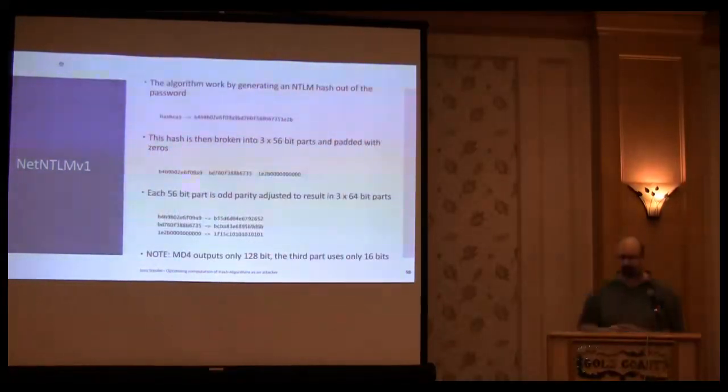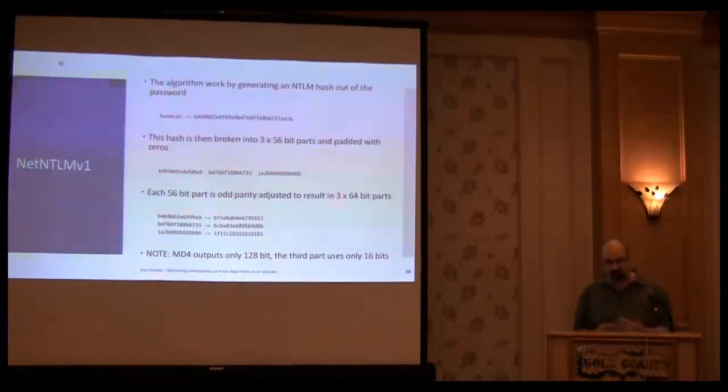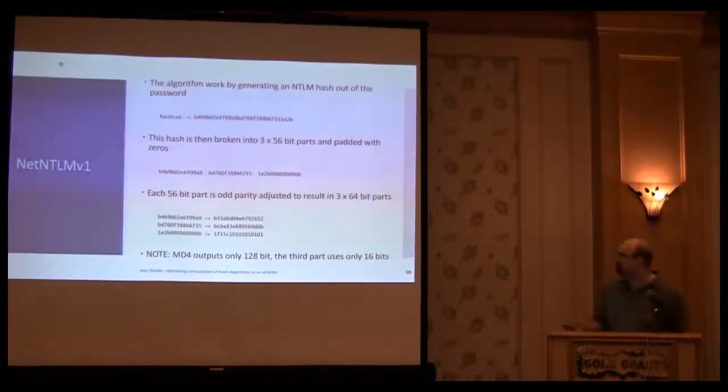Here's an example of how NetNTLMv1 hashes are generated. The NT hash of hashcat is this one. The first step you have to do is break it into 56-bit parts, and since this is a 128-bit hash, you have to pad it at this point.